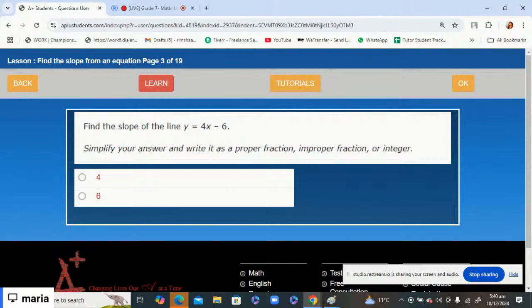Find the slope of the line y is equals to 4x minus 6. Okay, now you guys think about it and tell me the answer in the chat.